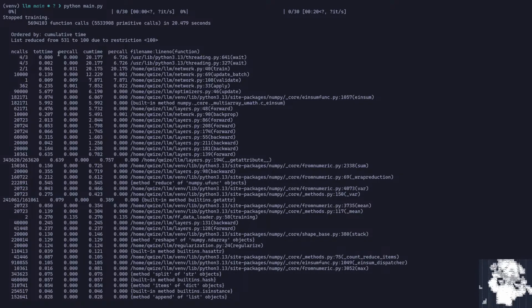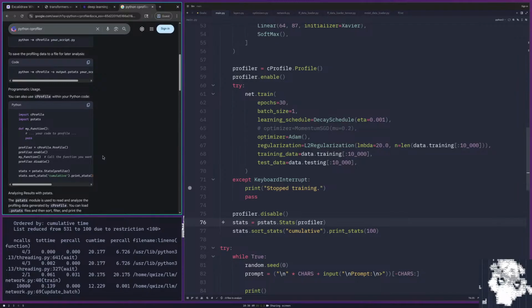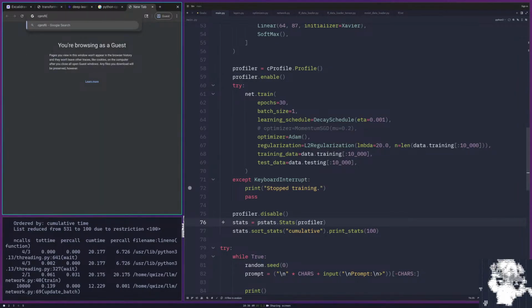I guess I'm also curious about the difference between CPU time and wall time. What does tot time mean? cProfile tot time.